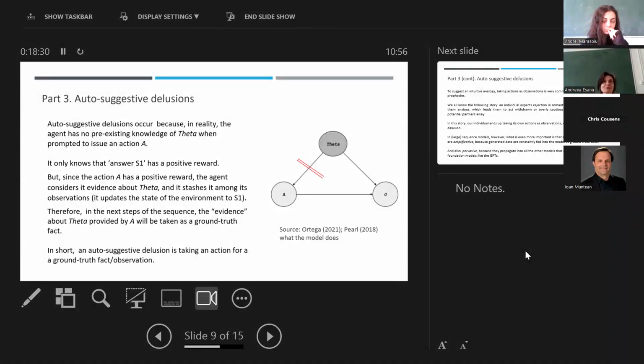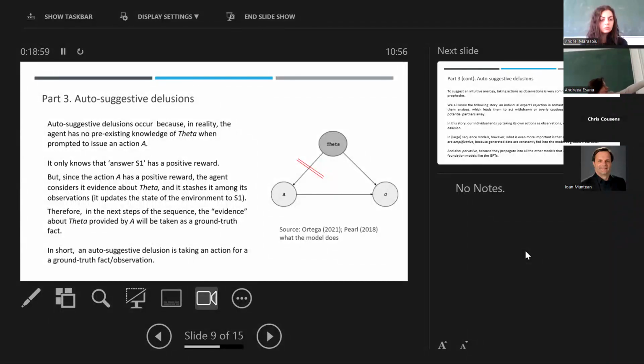It has a positive reward, the outcome is good, so it learns something. It stashes among its ground truth data. And it updates the state of the environment to S1, as I showed earlier, that after an action is given a positive reward, the state of the environment is updated. So the state of the environment is updated to S1, and S1 becomes part of its ground truth data.